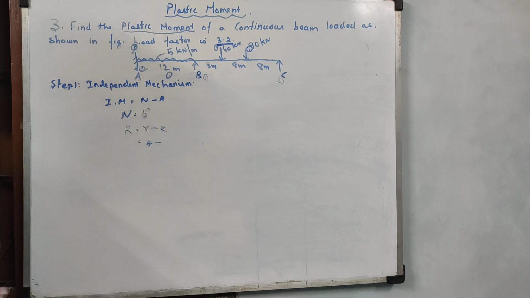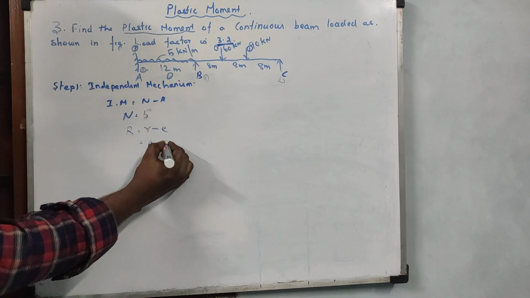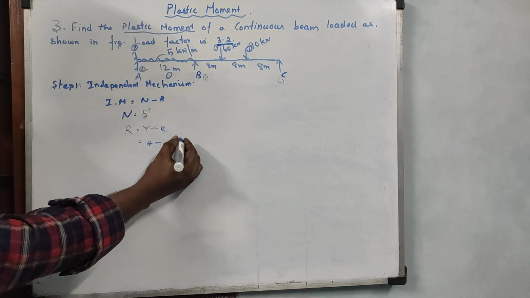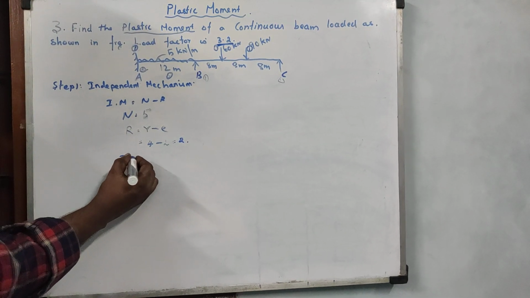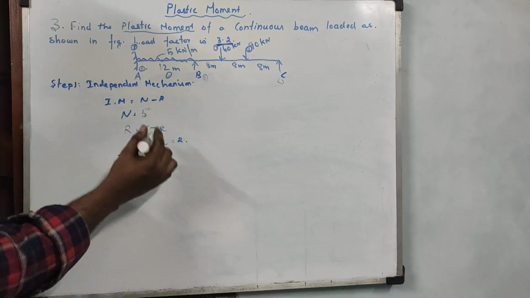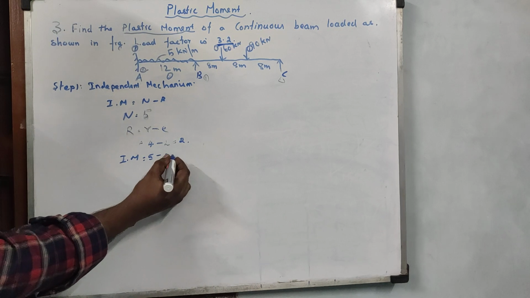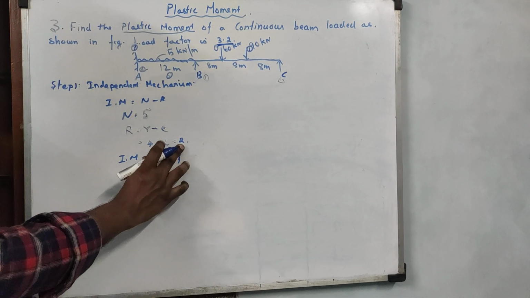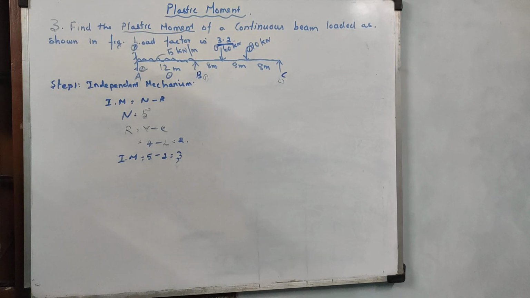But here we have to neglect the horizontal force, so the equilibrium conditions are 2. Therefore R equals 2. Therefore independent mechanism equals n minus R. Here n equals 5, R equals 2. The number of independent mechanisms is 3.